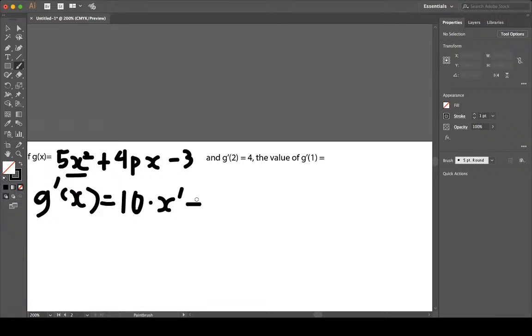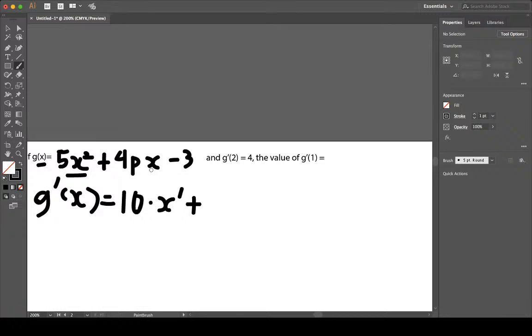this term, which has a power of 1, so x to the power of 1. By the way, the p here doesn't really affect the differentiation, because the function is in terms of x, but p is a constant. It never changes.